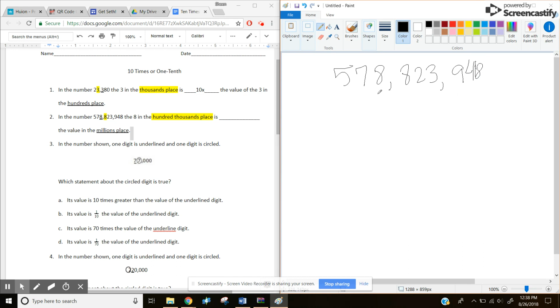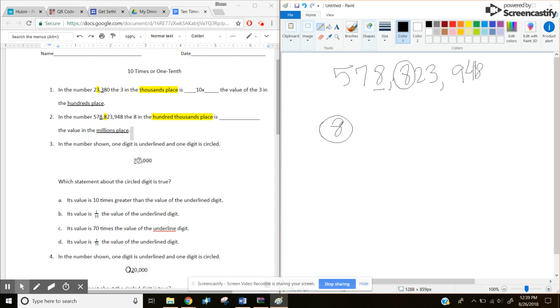Okay. And the 8 in the million space is underlined, and the 8 in the 100,000 space is circled. Okay, so now I'm going to rewrite it here. The 8 that is circled, because it's the very first place value we saw. We can highlight that as well.